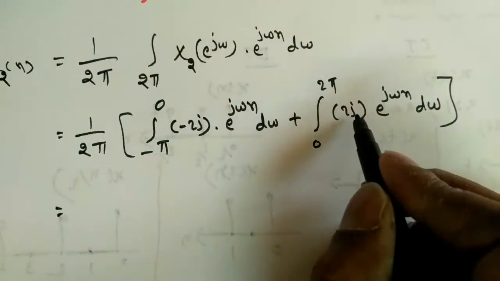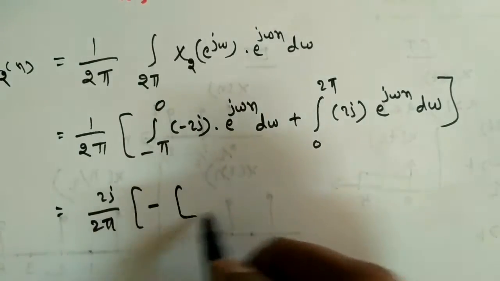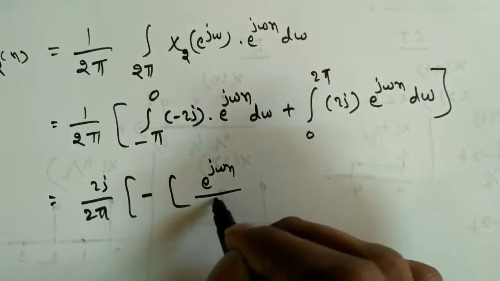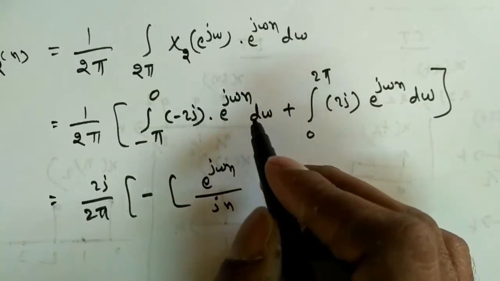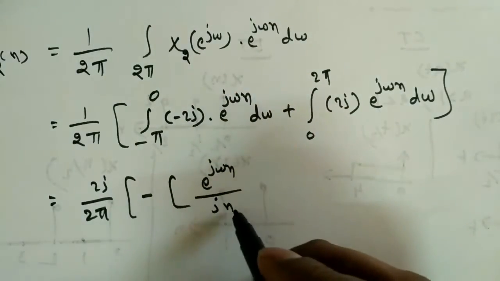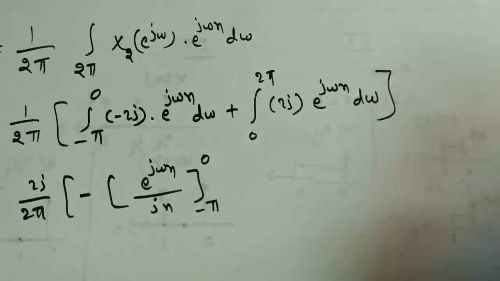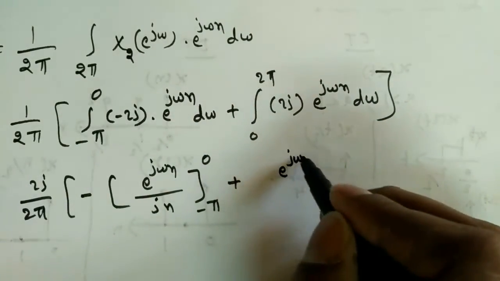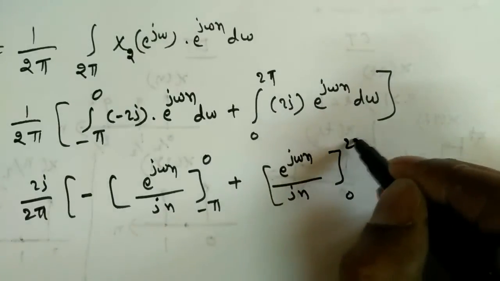Now if I take 2j common, so 2j by 2 pi, and this is minus e power x. Integrating e power x means e power x only, divided by j n, because we are differentiating with respect to omega, we get j n, and the limits are minus pi to 0. Next, 2j is out, so it will be e power j omega n by j n, and this is 0 to pi.